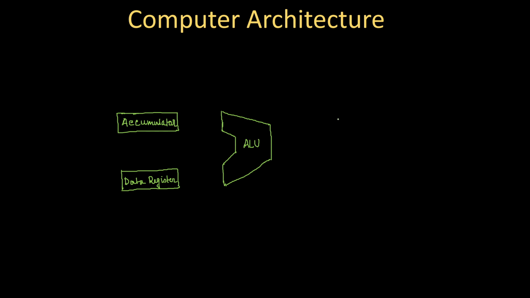Now, other than these two, I have some other registers also, and some of them are called general purpose registers. Actually, registers are of two types. One type is called general purpose register and another type is called special purpose register. General purpose registers store data on which the ALU will operate.